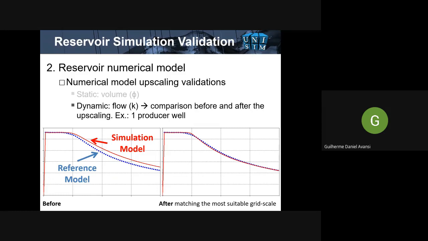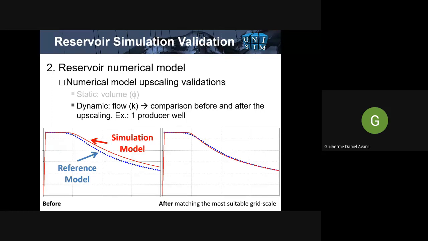This is the type of comparison that we can have, okay. In blue is our reference. Our reference means the geologic model, and in red is the simulation model.